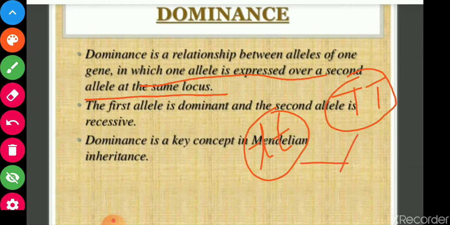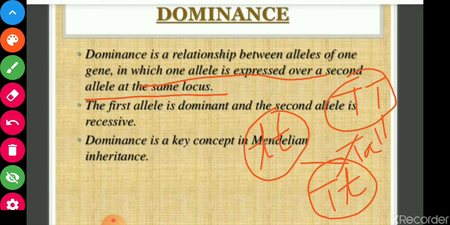So in the F1 generation, when we cross them, we were getting this type of genotype where all plants were tall. It means here the allele capital T is dominant over small t. So this is the concept of dominance.